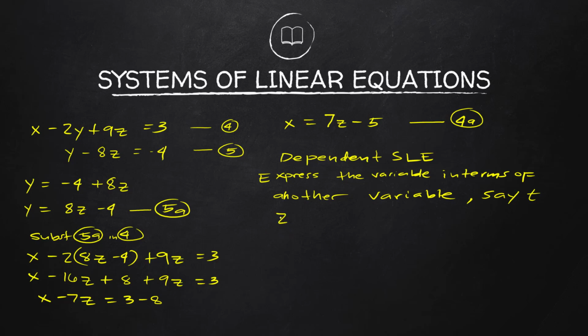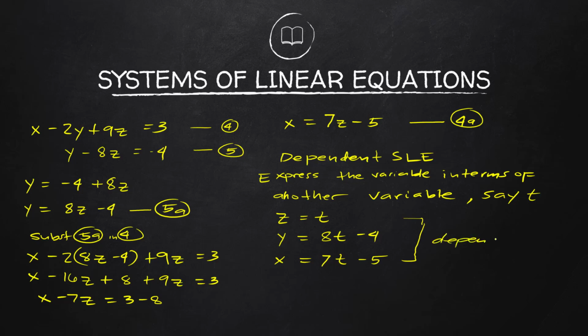So let's say z is equal to t, meaning the variable z can assume any values. In this case, we have y equal to 8z, but z is equal to t, minus 4, and x is equal to 7z, but z is equal to t, minus 5.